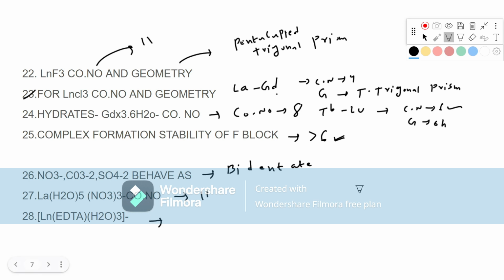Next, ethylenediaminetetraacetate, with 2 oxygens, 4 nitrogens, and H2O 3, totally 9. So coordination number of this complex is 9.